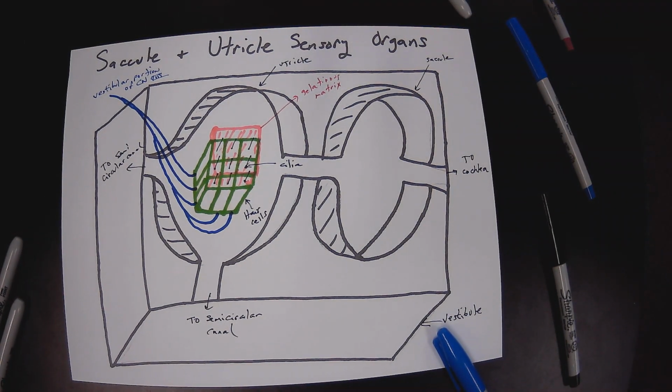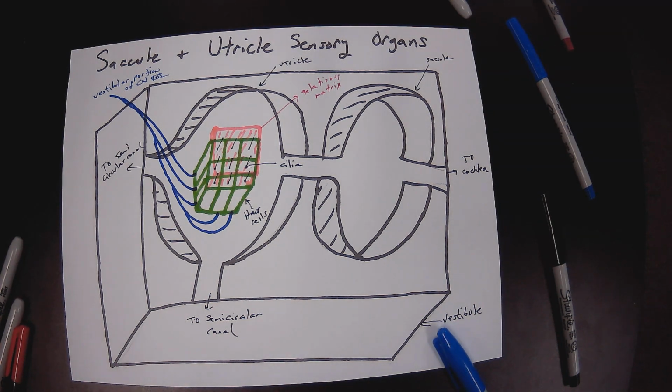So you have your hair cells on the bottom. Cilia are sticking into a big vat of Jell-O. And then there's also something special that gives the whole system some weight to it. These are called otoconia.